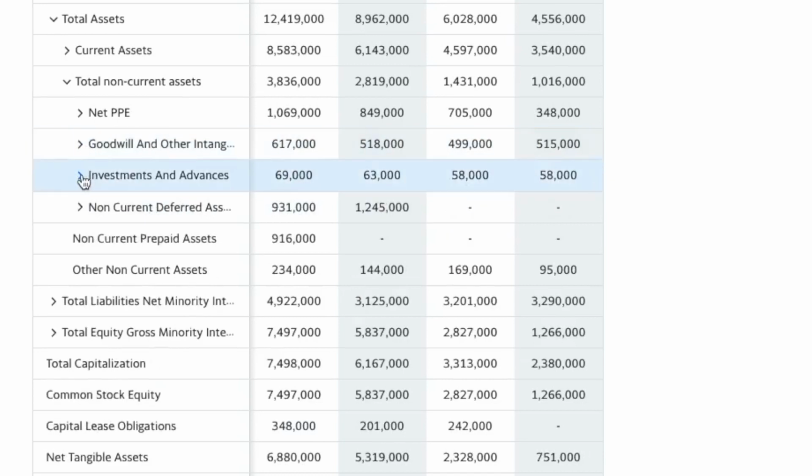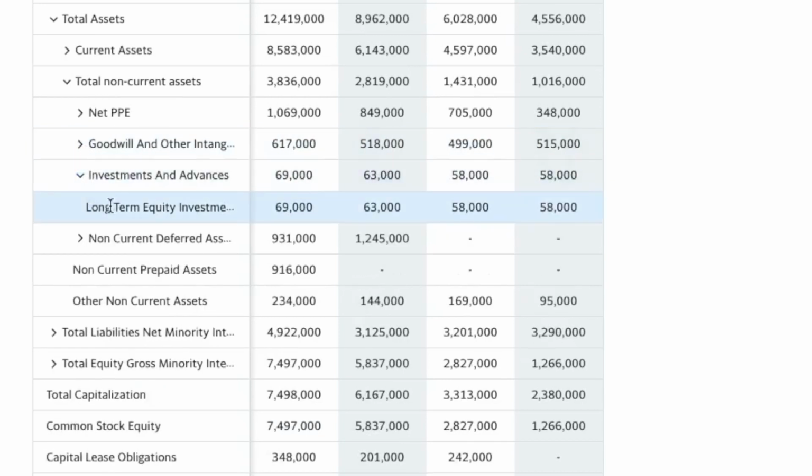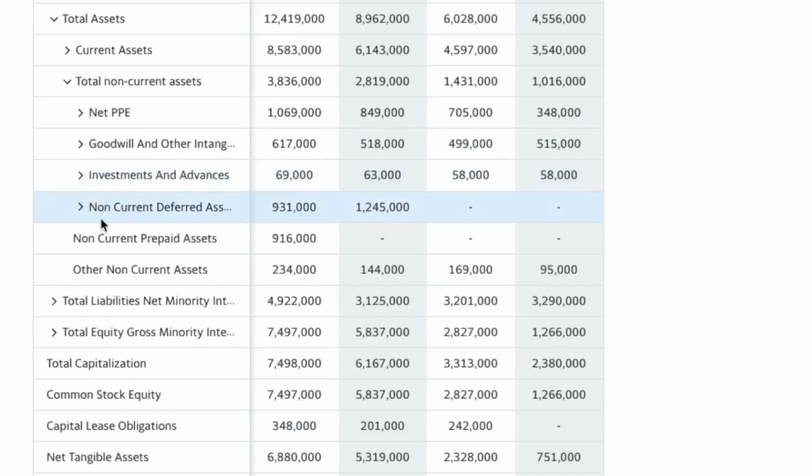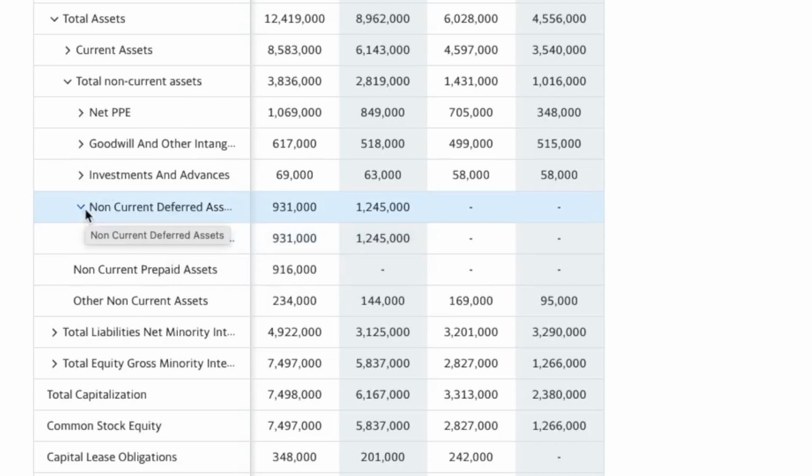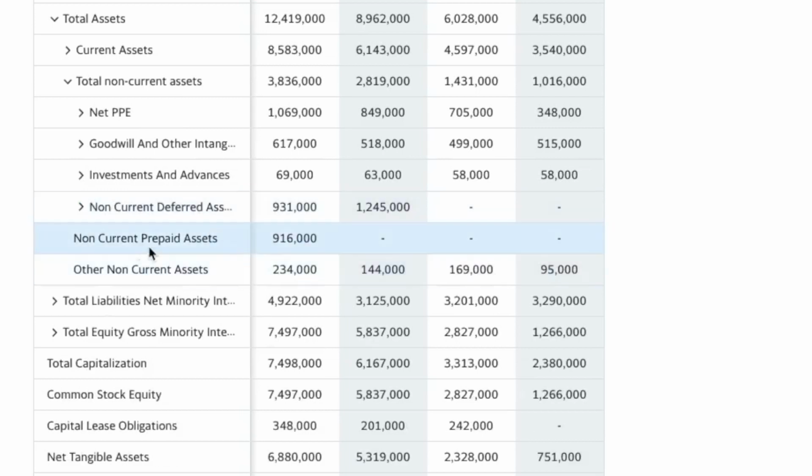On the other is the investments and advances. This is the long-term investment the company has made, which is $69 million. And on the other side, they also have a non-current deferred tax, which is $931 million. Last on the list is the non-current prepaid assets.